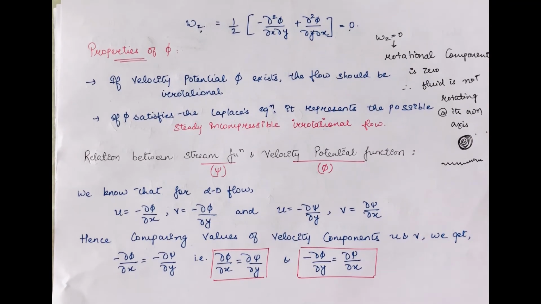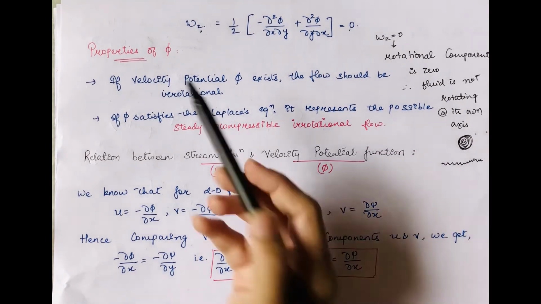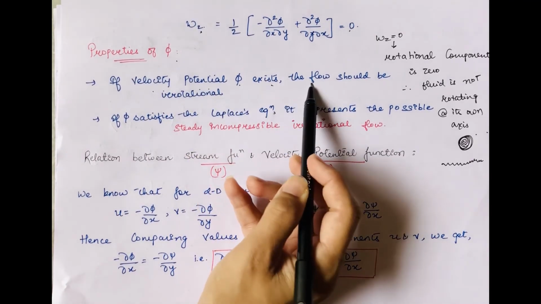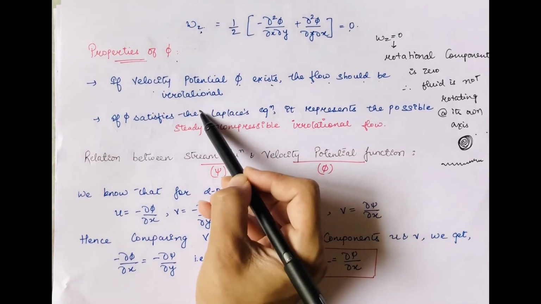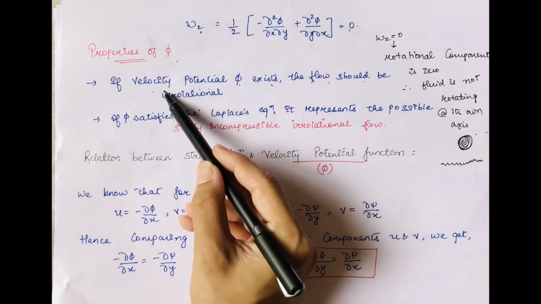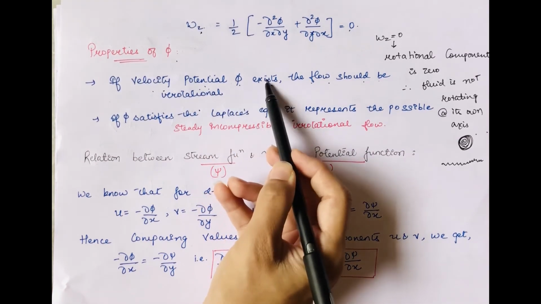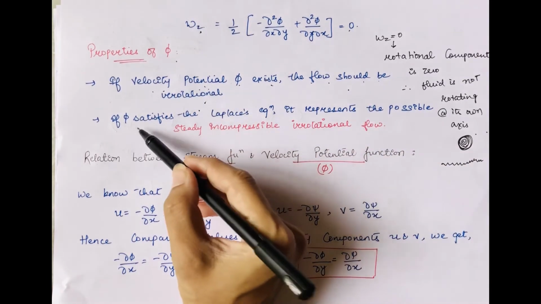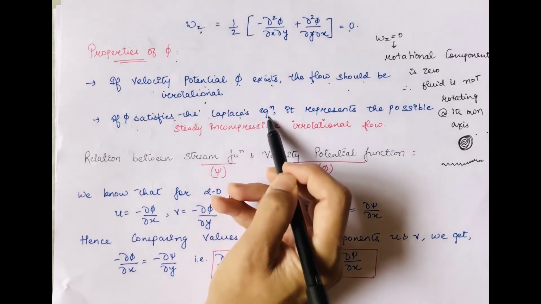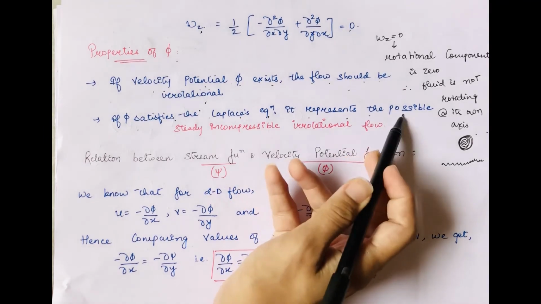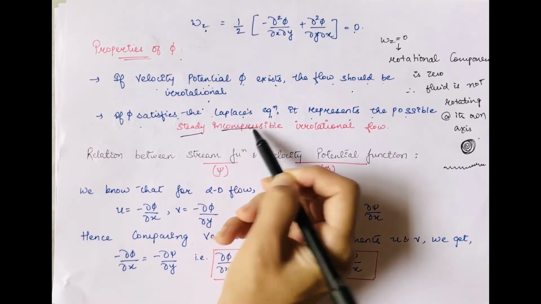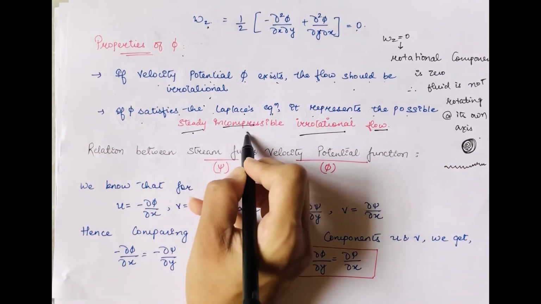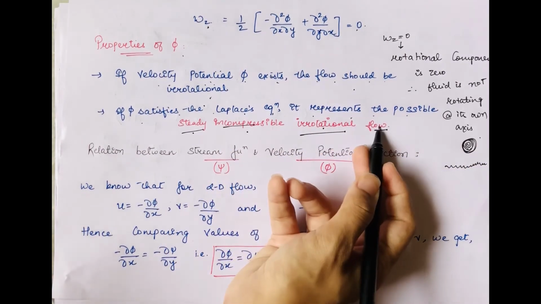Okay, so as we saw the properties of psi, there are the properties of phi: if the velocity potential phi exists, the flow should be irrotational. And if phi satisfies the Laplace equation, it represents a possible steady, incompressible, irrotational flow.